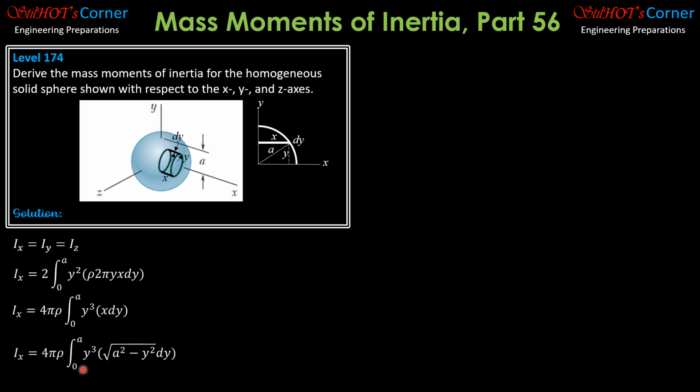You already experienced this type of integral in the preceding topics in statics, especially on centroids, and this is by trigonometric substitution. So we put y equals a sine theta because the integrand involves a squared minus y squared.